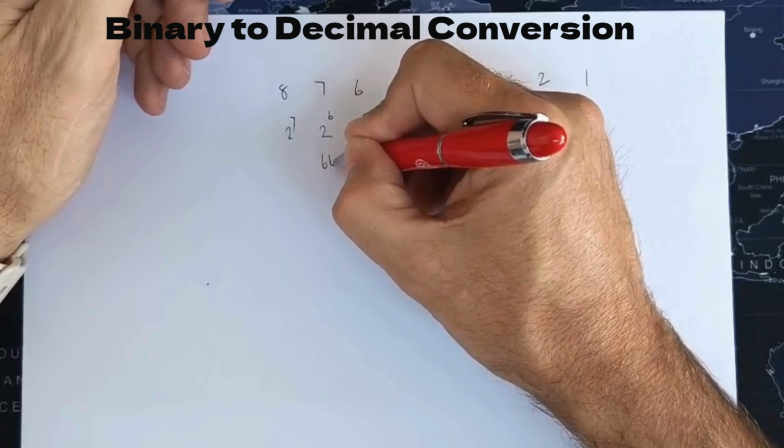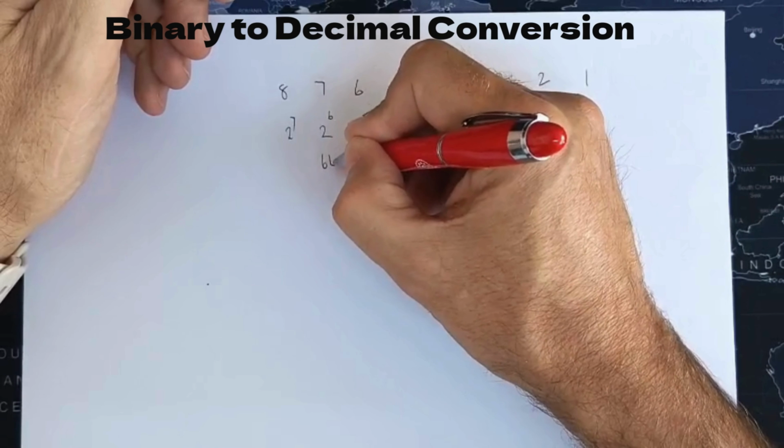So let's use our binary values from our previous slide. What we have there is 1, 1, 0, 0, 0, 0, 0, 0. Calculating the decimal value, this bit position is on, so 128 is true, and this one is on, so it is 64.